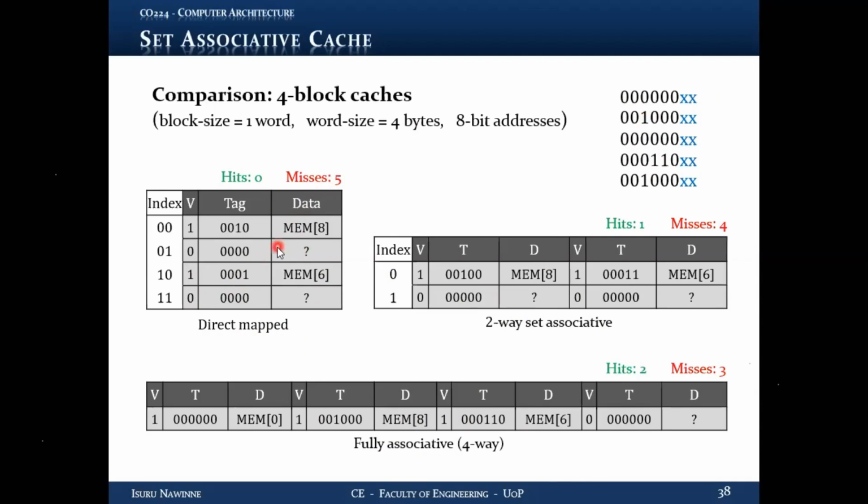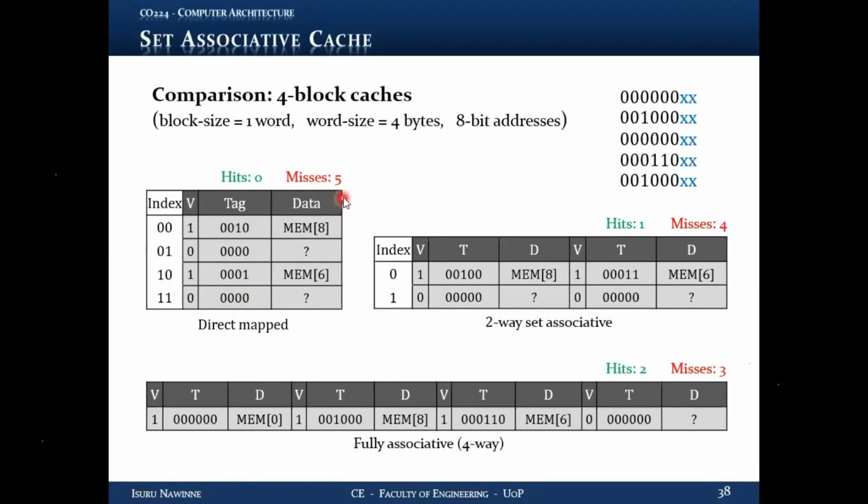All 5 accesses were misses, and we ended up with 2 cache blocks still unused, right? They're still invalid. Only 2 slots were actually used, but all accesses were misses.